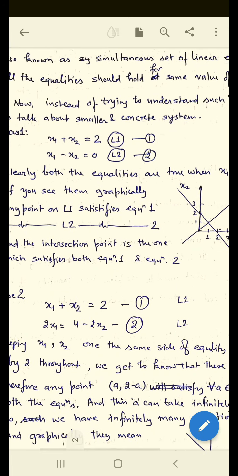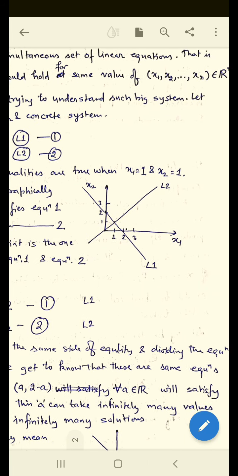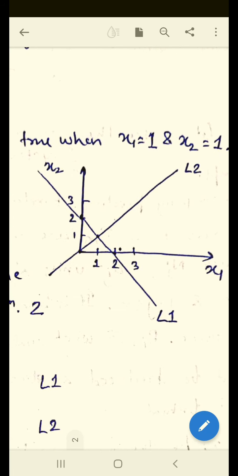Now look at these two particular equations. So x1 plus x2 is equal to 2 and x1 minus x2 is equal to 2. You can see this particular graph. This graph is showing that L2 is the set of points which satisfies equation number 2, and L1 is the set of points which satisfies equation number 1.